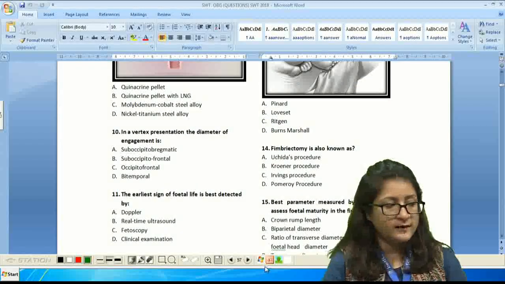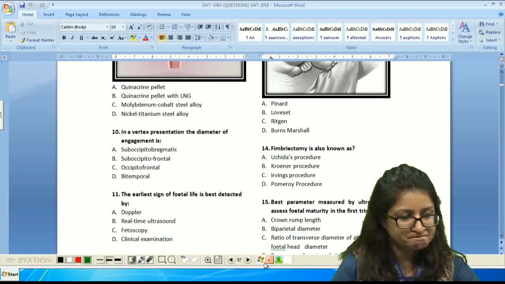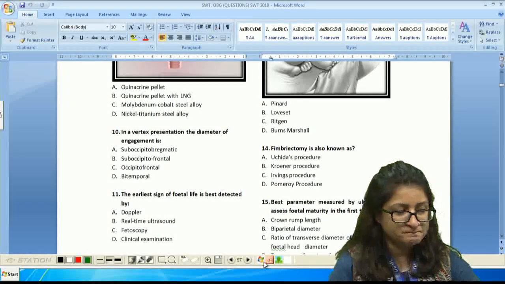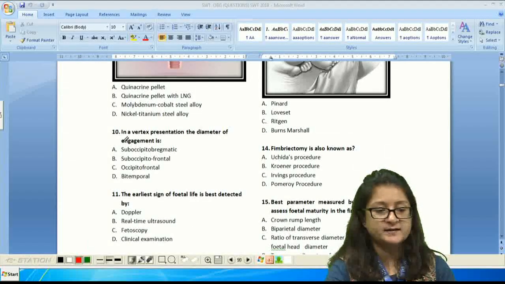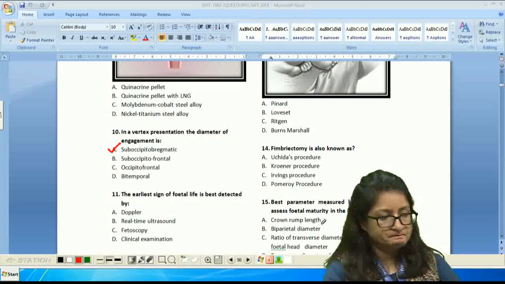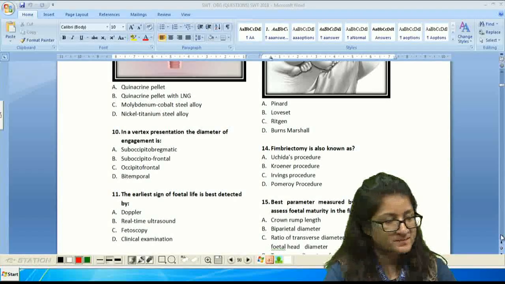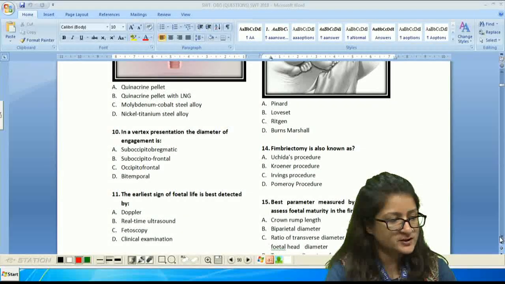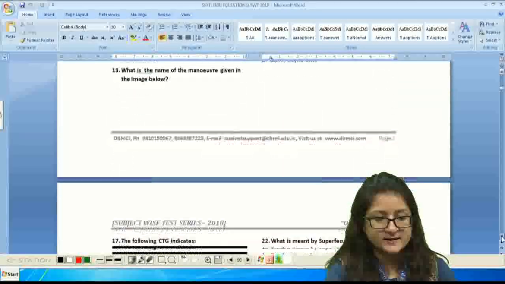Now let us see question number 10. Question number 10 we have answered already. It is the suboccipitobregmatic diameter. Coming on to question number 77 now. Before that, let us see question number 23. Question number 20 and question number 23 are also there. Question number 20.